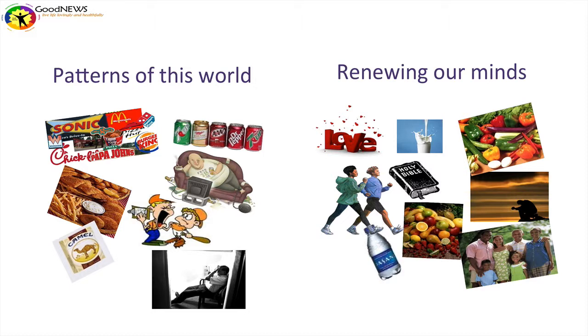The patterns of this world are dominated by fast foods, highly processed foods, sedentary leisure behavior, sugar-sweetened drinks, and tobacco smoking, as we see in those pictures, whereas we should all change to be more connected to our health, to our families, drink more water, eat more fruits and vegetables, read the Bible, but I think it's not the only book one should read.